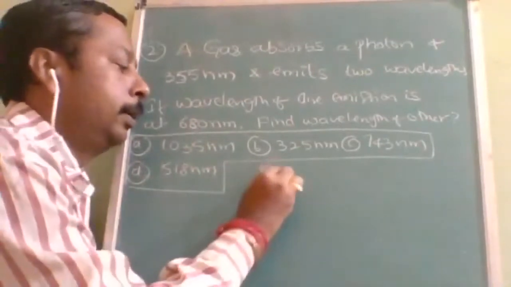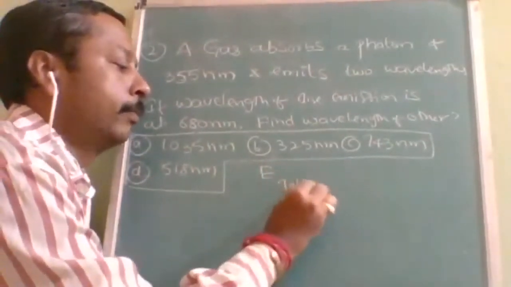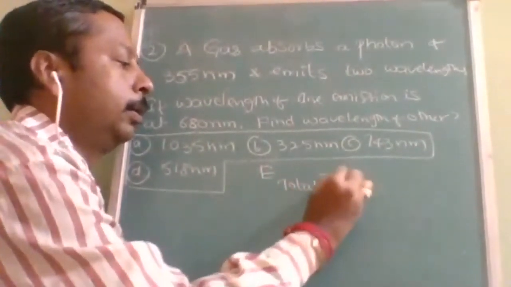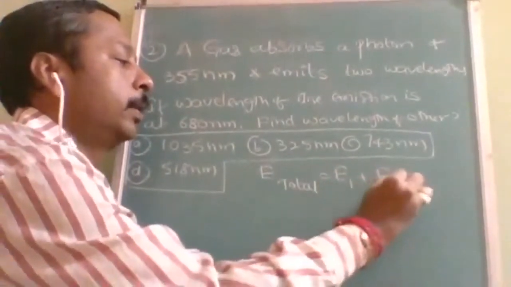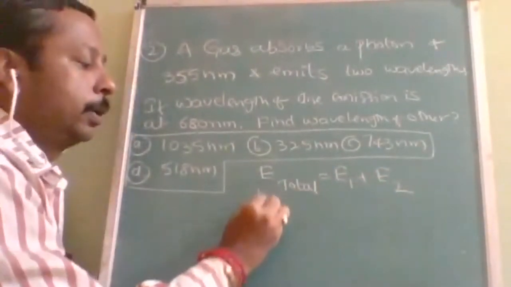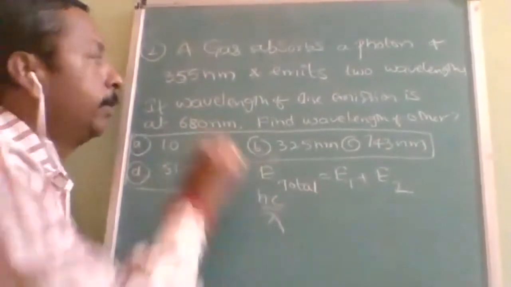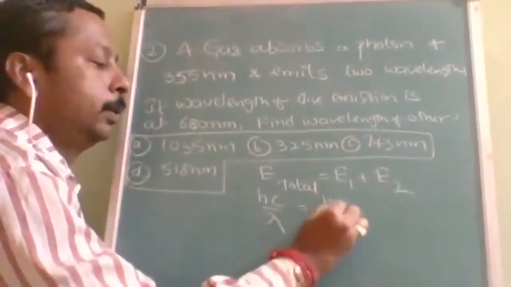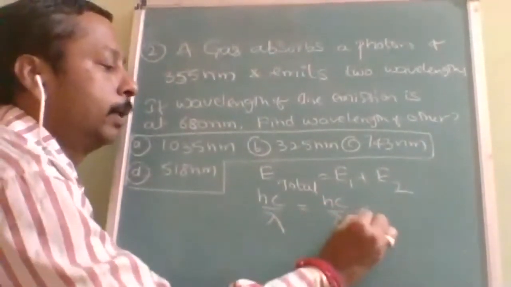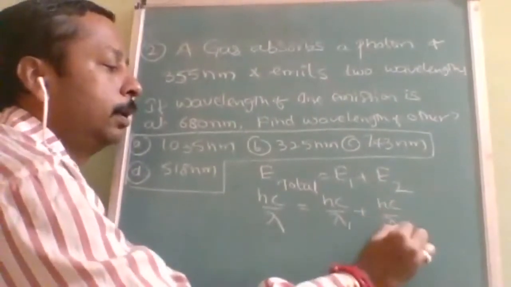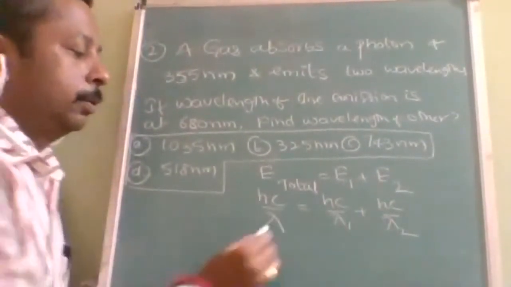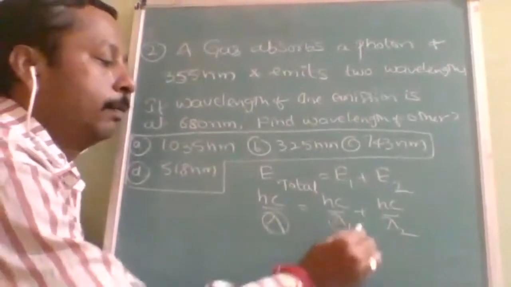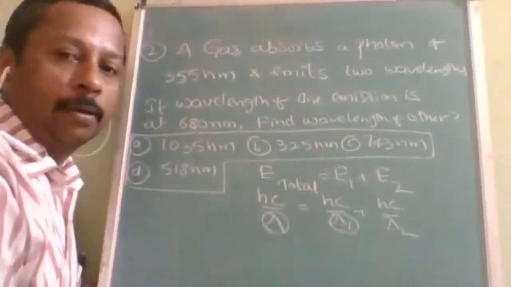Because E total is equal to E1 plus E2. E total is hc upon lambda, equal to hc upon lambda 1 plus hc upon lambda 2. We have this lambda, we have this lambda, and we have to find out this lambda.